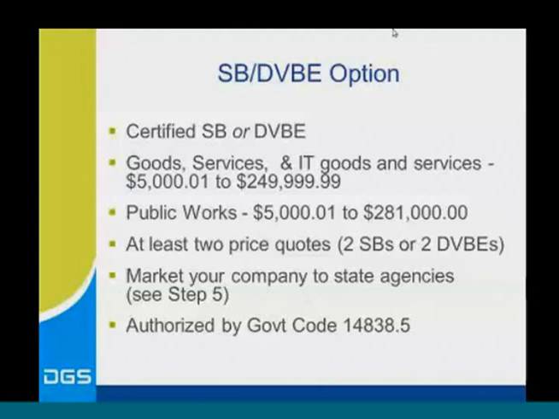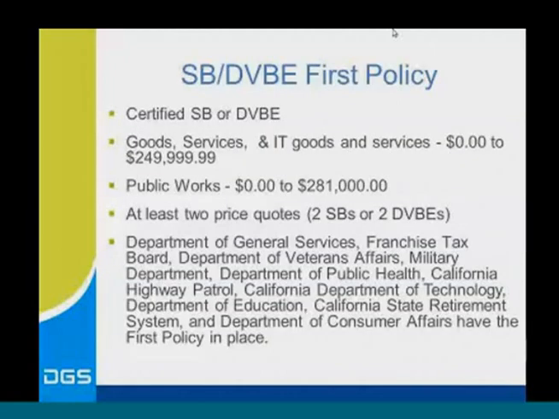A couple years ago, our director saw the importance of our outreach and said, we need to set the example for other state agencies. And so we came up with the Small Business DVBE First Policy.